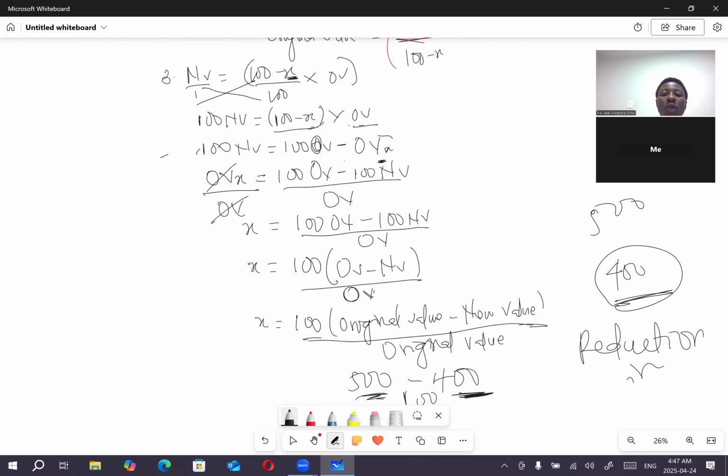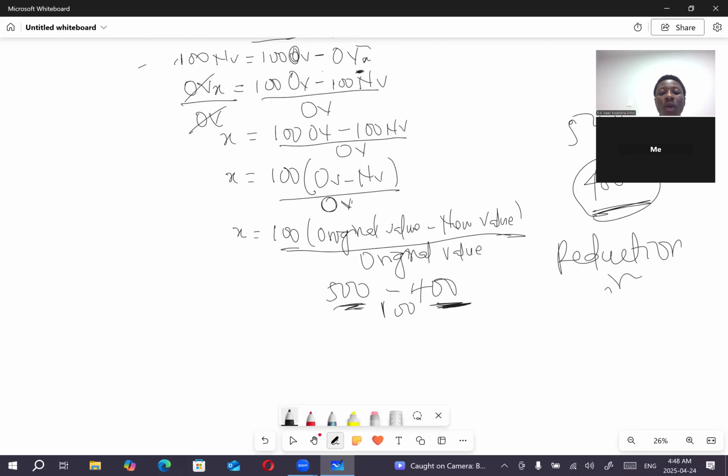Okay. So yesterday I gave you a formula saying the depreciation rate is equal to reduction in value all over original value, times 100. Do you remember? Sorry, let me speak English because of the recording. Do you realize that it has come out? So see, original minus new value will represent what?